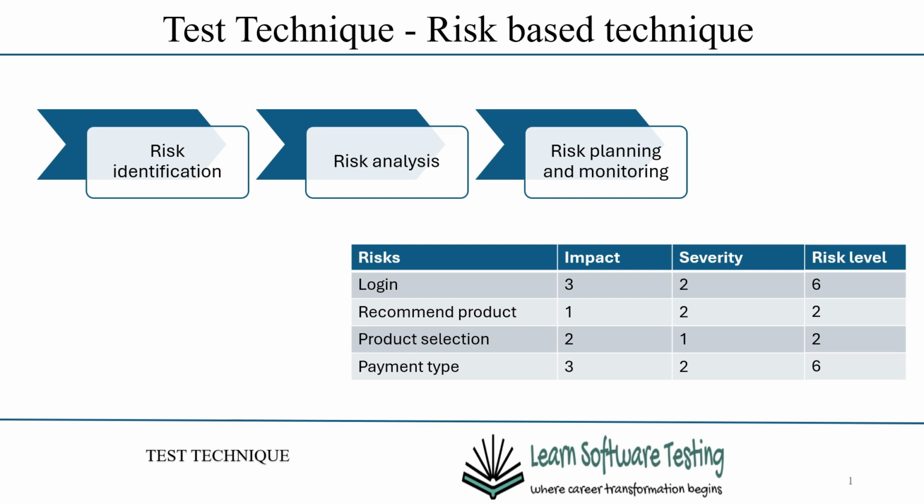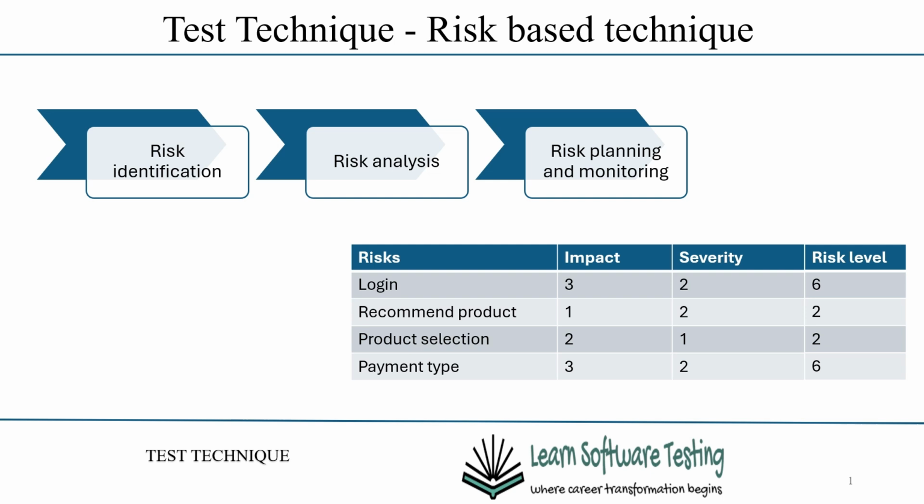And then to the right, you have the impact column, the severity and the risk level. The impacts are basically the impact on the product or the business. If something was to go wrong, what would be the level of impact on the business? That's what the impact stands for. And severity stands for the likelihood of something going wrong.